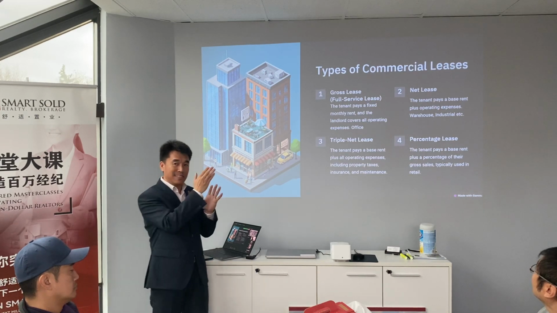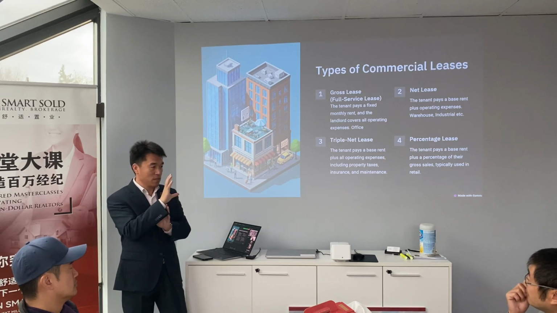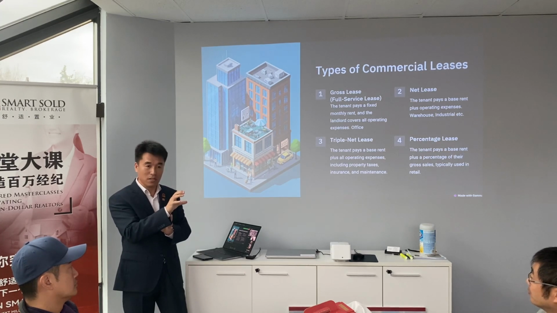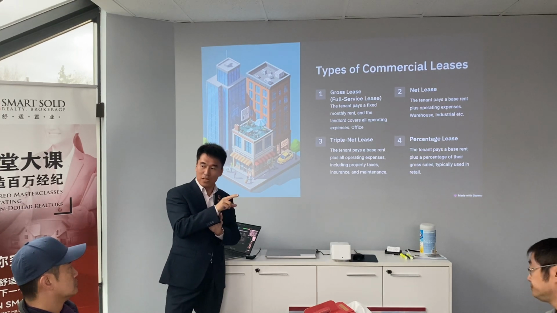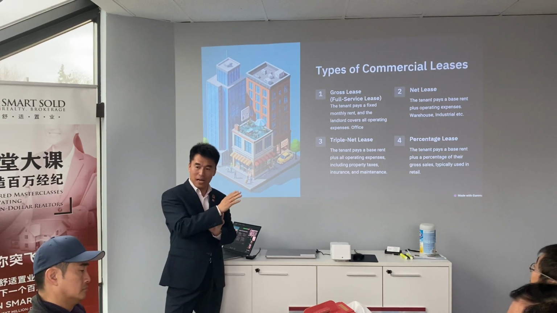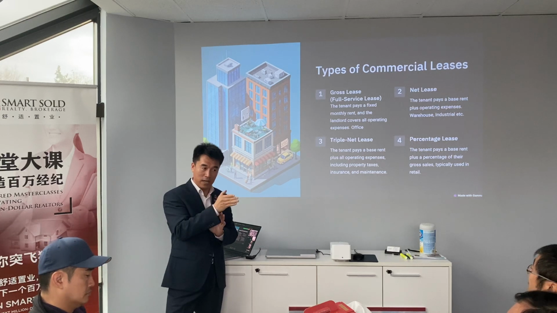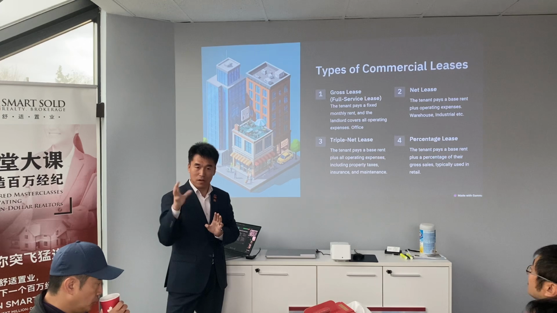The net lease is where the tenant pays rental plus a portion of TMI. The portion depends on the situation. Double net means the tenant pays rental plus T and I, tax and insurance. The landlord covers maintenance or management fees.